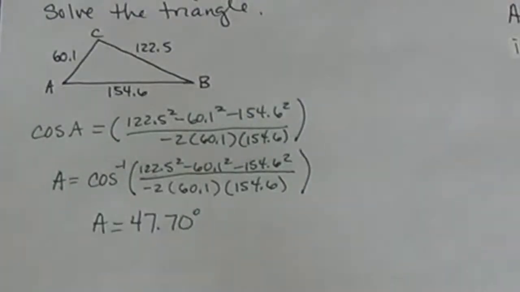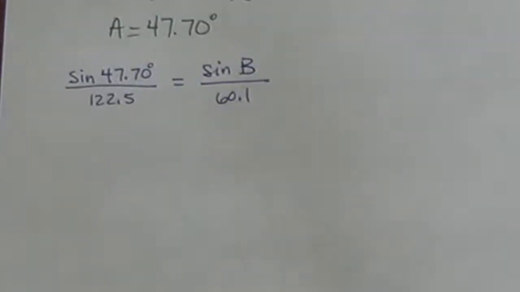Now, as I mentioned after the last example, once I have one full ratio, meaning an angle and its corresponding side length, I don't necessarily need to use the law of cosines anymore. At this point, I can use the law of sines. Here I have the information for both side length A and angle A, and I know the side length for B, so I can plug that into the law of sines and find the angle B. So sine of 47.7 divided by 122.5 is going to equal the sine of B divided by 60.1.